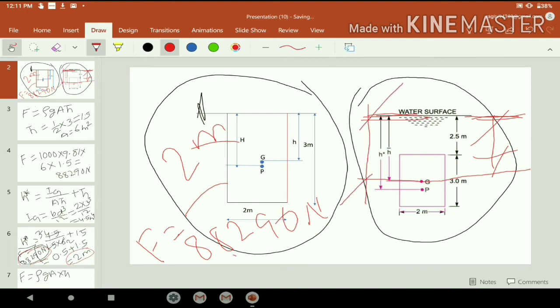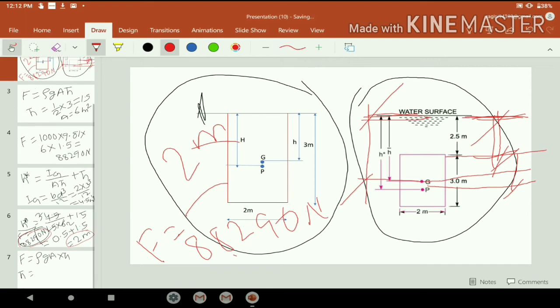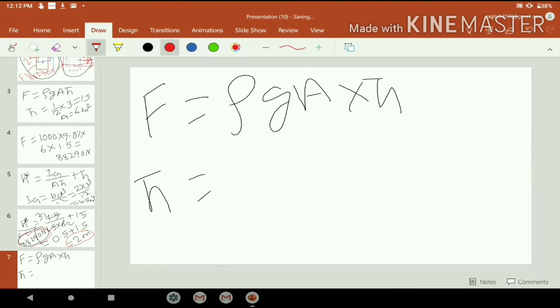This is 2.5 meter, and this one is 1.5 meter. Since this is a rectangular plate, the total depth is 3 meter. The center of gravity is at the center of the rectangular plate, so half of the depth is 1.5 meter.